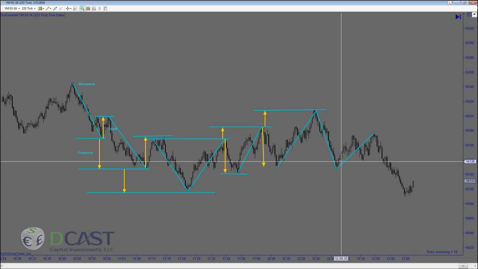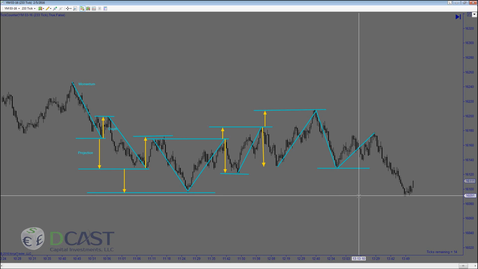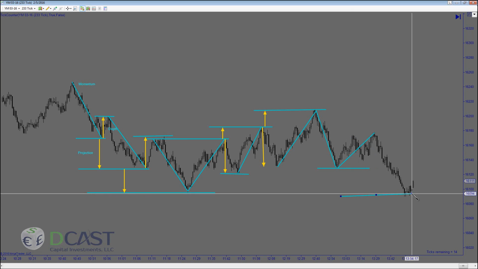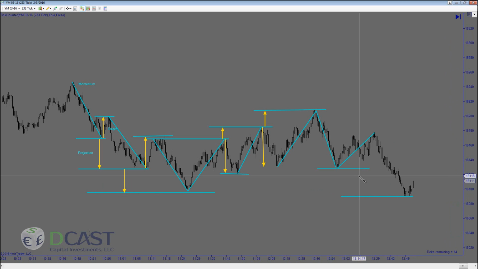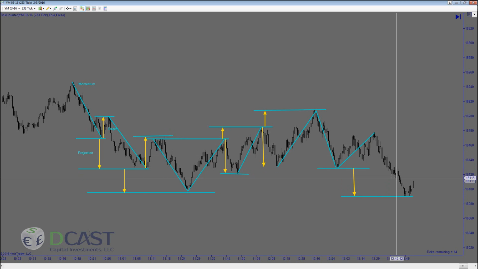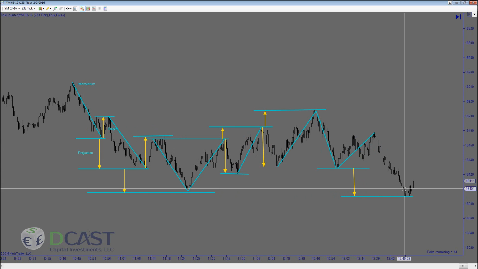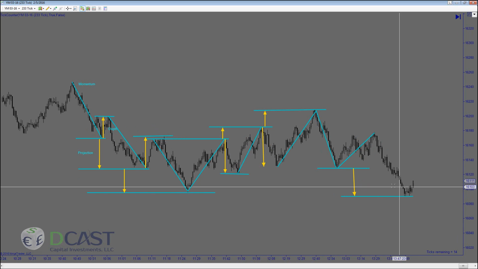Okay, so now we have our first projection back to the downside. It looks like price is going to correct here. And again, once we start tying all these together, we'll start looking at how far we're going to expect things to travel.